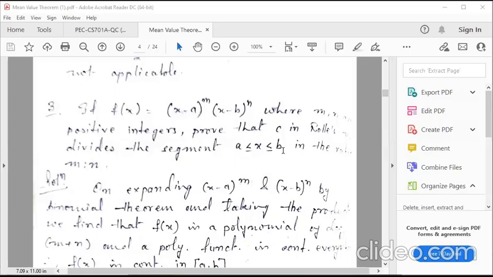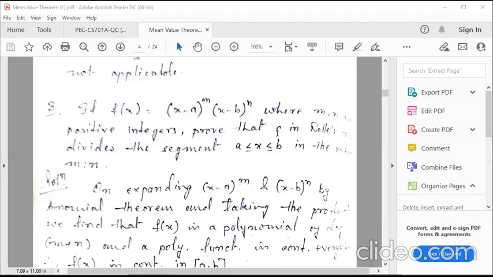So if the concept of Rolle's theorem statement as well as the geometrical significance is clear to us, then we are in a position to attempt this particular problem. The problem says, if f(x) equals (x minus a) to the power m and (x minus b) to the power n, where m and n are any positive integers, prove that the point C in Rolle's theorem divides the line segment AB in the ratio m is to n.